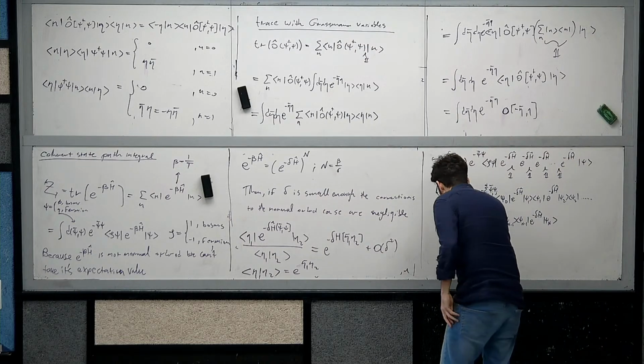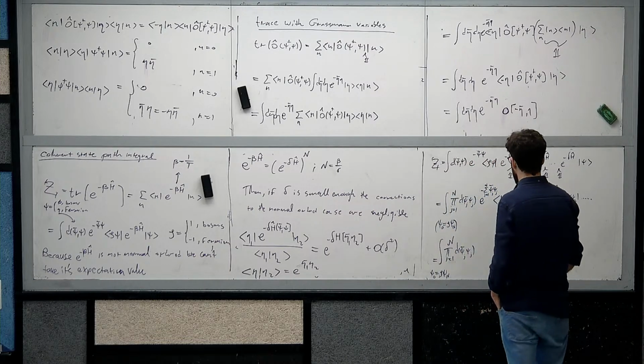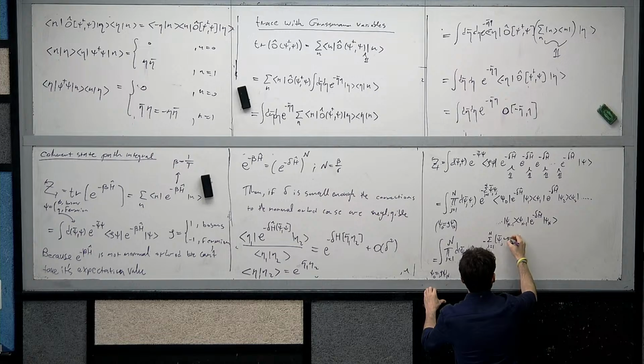Okay? So now I can multiply all these things. So I get that this is equal to the integral over the product j equal 1 to n of d psi j bar psi j, with psi 0 equal to zeta psi n. Okay, that's our condition. Then we have e to the minus sum over j equal 1 to n of psi bar j psi j minus psi bar j.